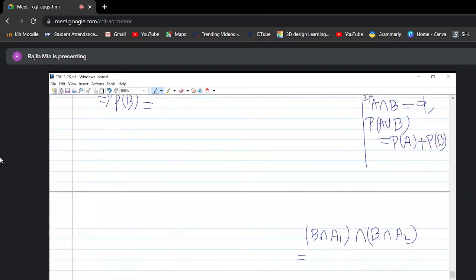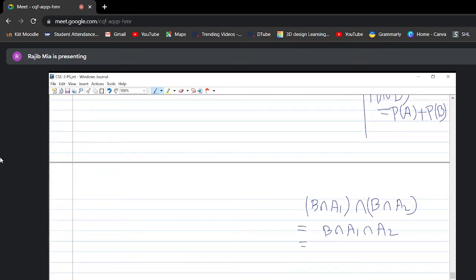Then we say that these two events are mutually exclusive events. If we find this intersection, B is common, so this is B intersection A1 intersection A2. It is given that A1 and A2 are mutually exclusive events, so A1 intersection A2 equals phi.